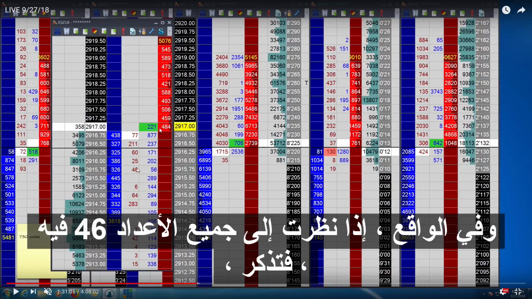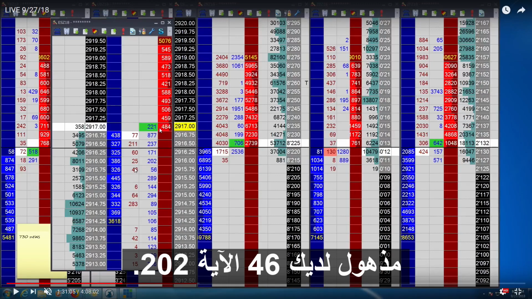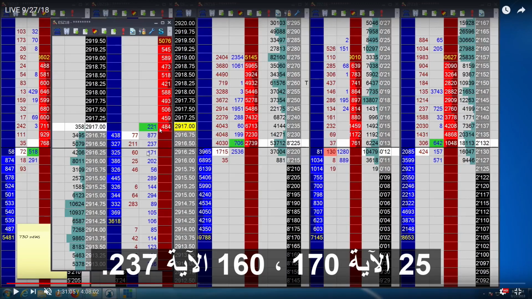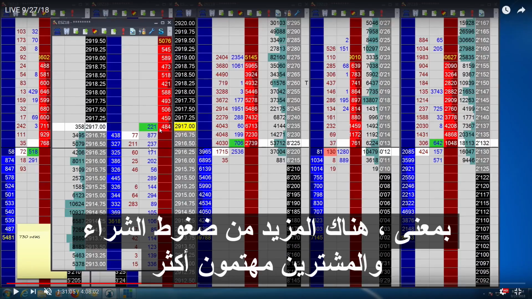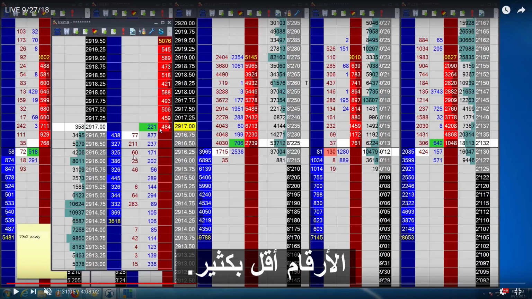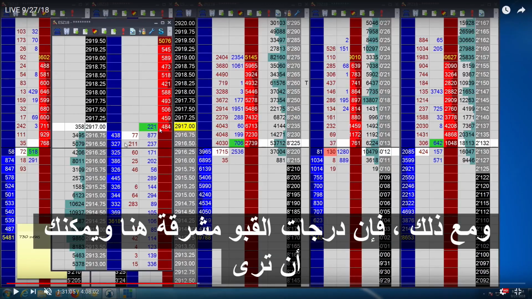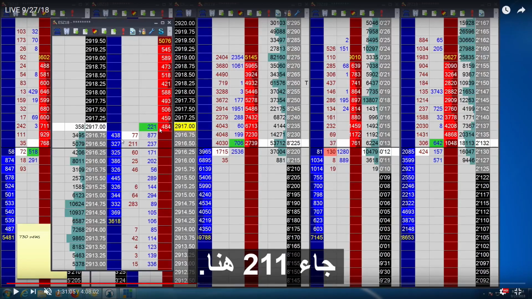If you look at all the numbers, and remember it's staggered, you have 46 versus 202, 25 versus 171, 60 versus 237. These numbers are all larger in the blue, meaning there's more buying pressure, and buyers are more interested than the sellers are. As you can see, the numbers are a lot lower. However, the sellers stepped up right here, and you can see 211 came in.